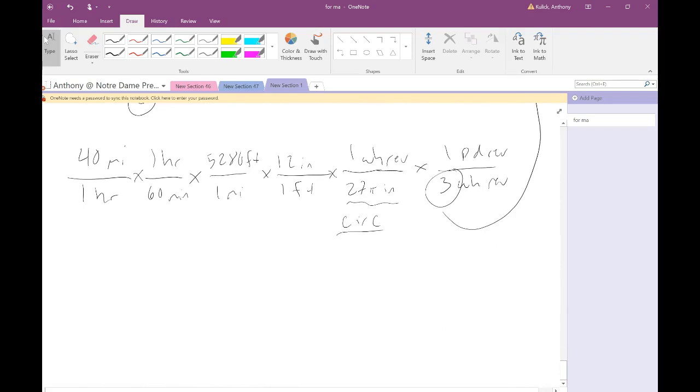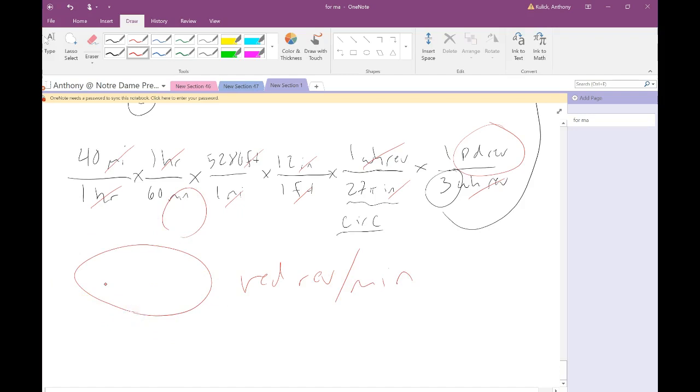And then it's just a matter of observing here that we did this correctly. So hours cancels with hours, miles cancels with miles, feet with feet, inches with inches, wheel rev with wheel rev, and we're left with a unit of pedal rev per minute. So at that point, it's just a matter of multiplying and dividing things out to get the number to go along with that.